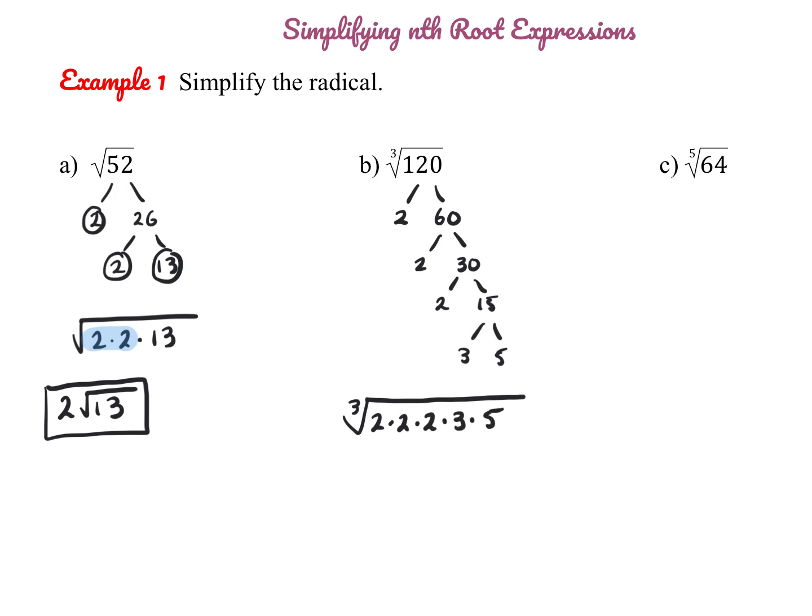And here, because it's a cube root, I need a group of 3 to simplify. So those 3 2's would make 8. The cube root of 8 is 2. So I get 2 times the cube root. These don't have enough in their set, so they remain inside the radicand, and I'll multiply them together. 3 times 5 is 15.